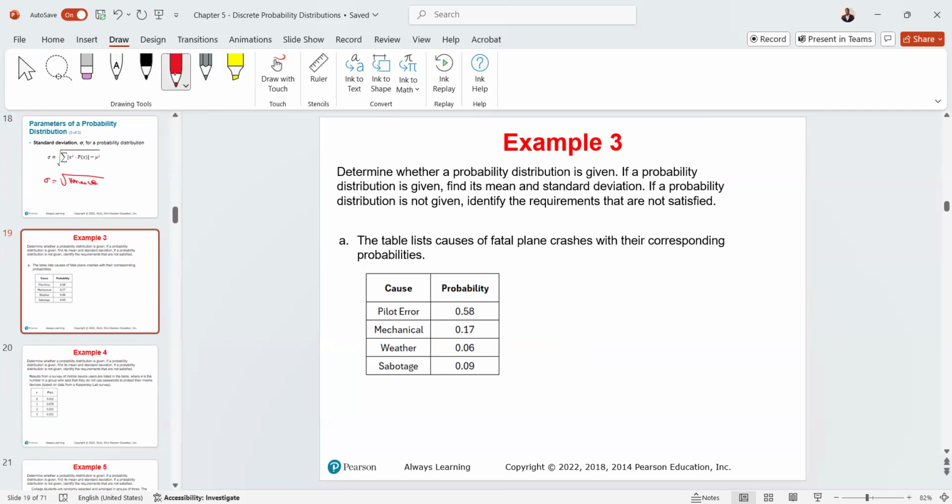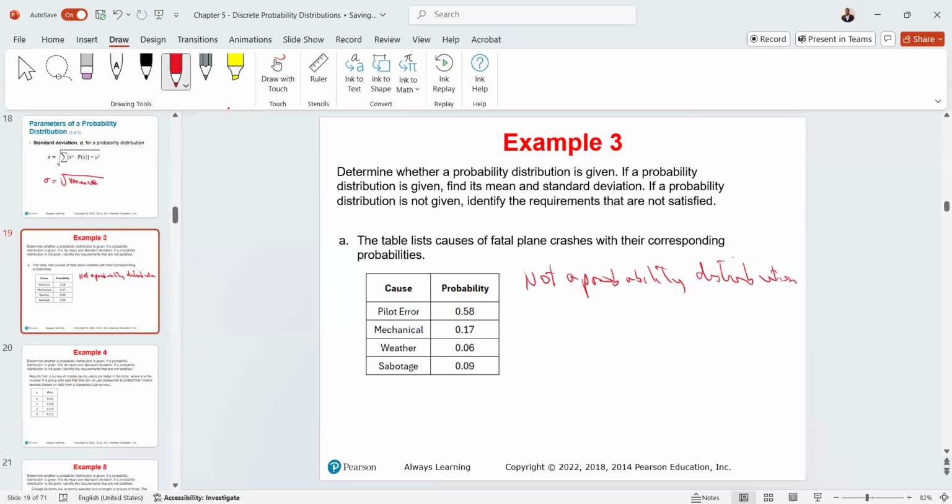So first of all, do you believe this is a probability distribution? No, it's not a probability distribution. Do you know why?